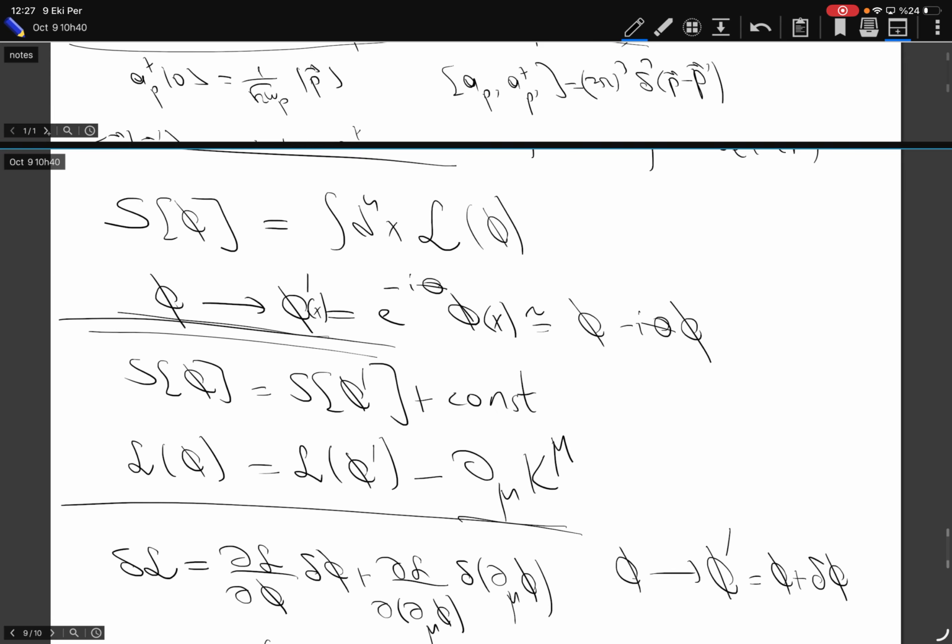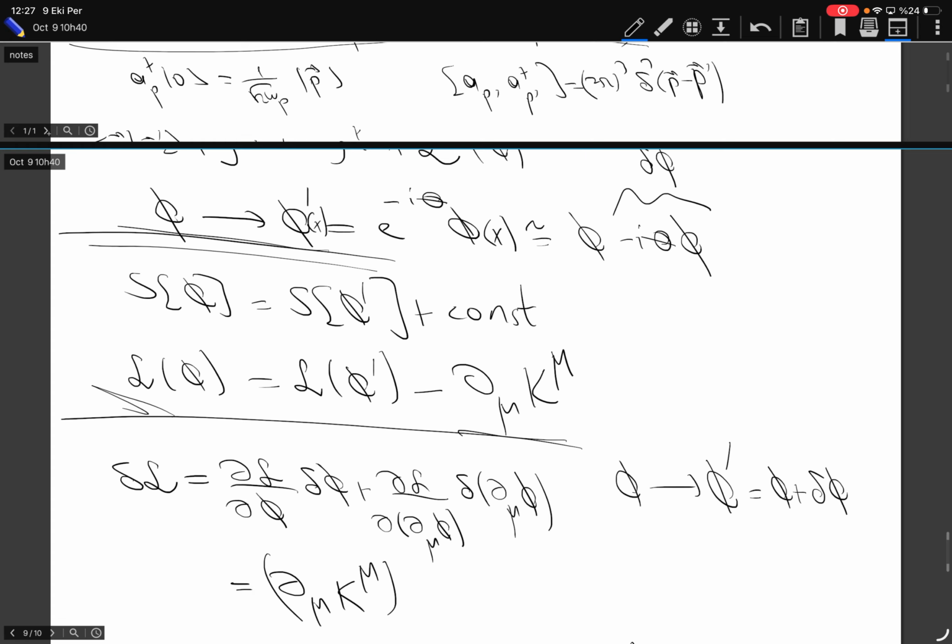So this will be my delta phi. If after you change your fields in some way, your Lagrangian changes at most by a total derivative, if this happens at all, then there's a conserved current. Now the next question is, does this thing happen?